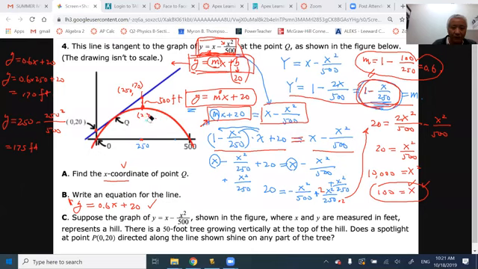So here, this coordinate is (250, 125). What does this y coordinate of 125 mean? It means from here to here, the height is 125 feet. And on top of that, you add another 50 feet.